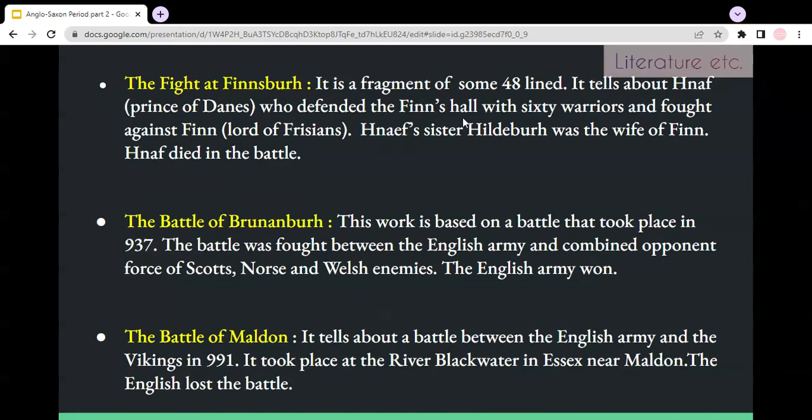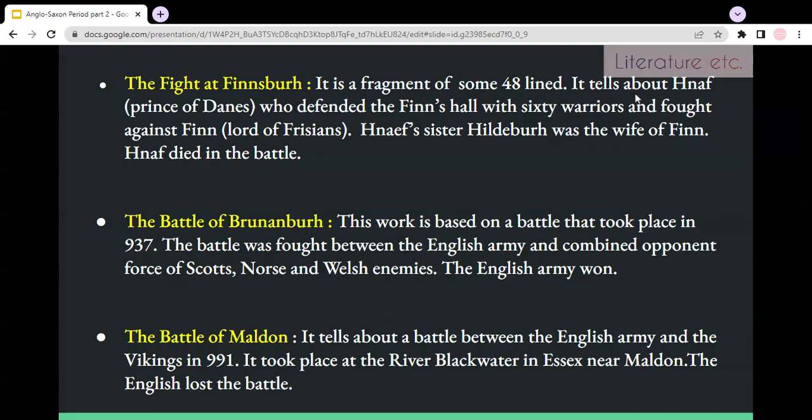Next come three works which were based on three battles. The Fight at Finnsburg. It is a fragment. That means it is a very small fragment which was found in a manuscript, and it consisted of 48 lines. Okay, it is a typo, it will be lines.